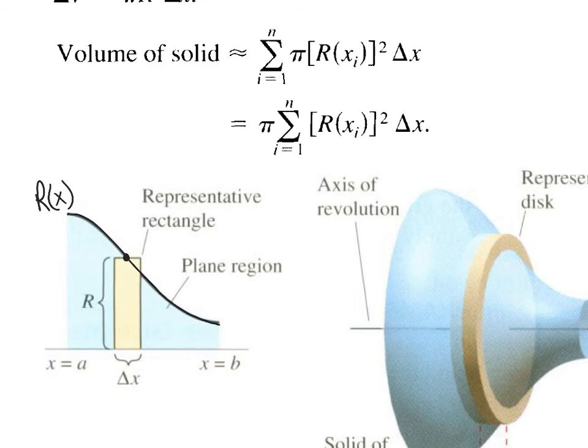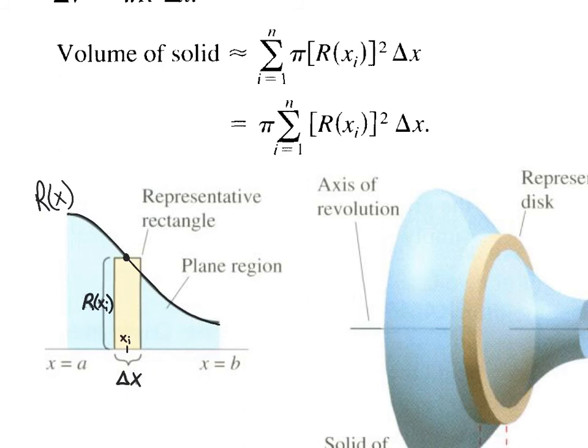However, if we want to generalize this, the width is going to be this delta x, and the radius, if this is the point where we have x sub i, whatever that x coordinate is, is going to be r of x sub i. So just this rectangle is going to have an area of delta x times r of x sub i.